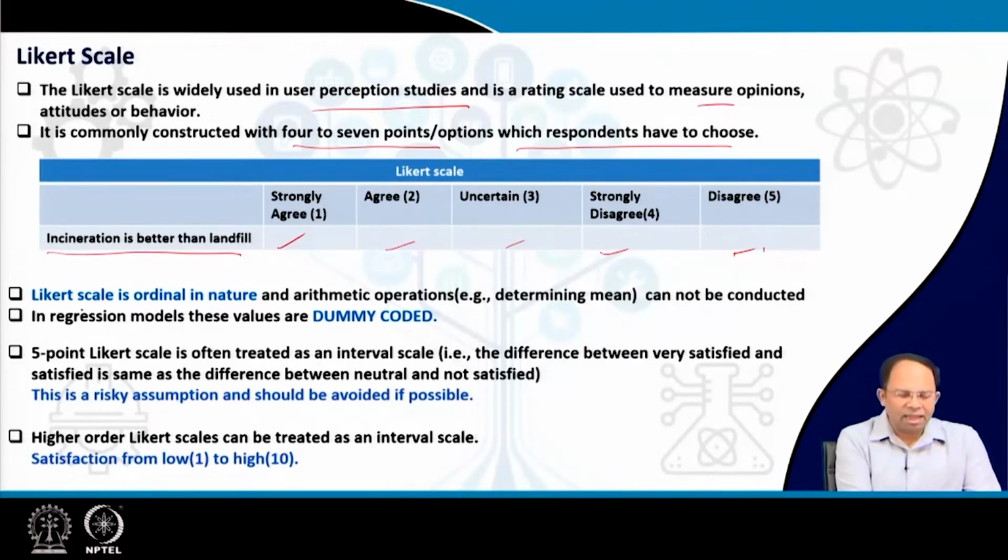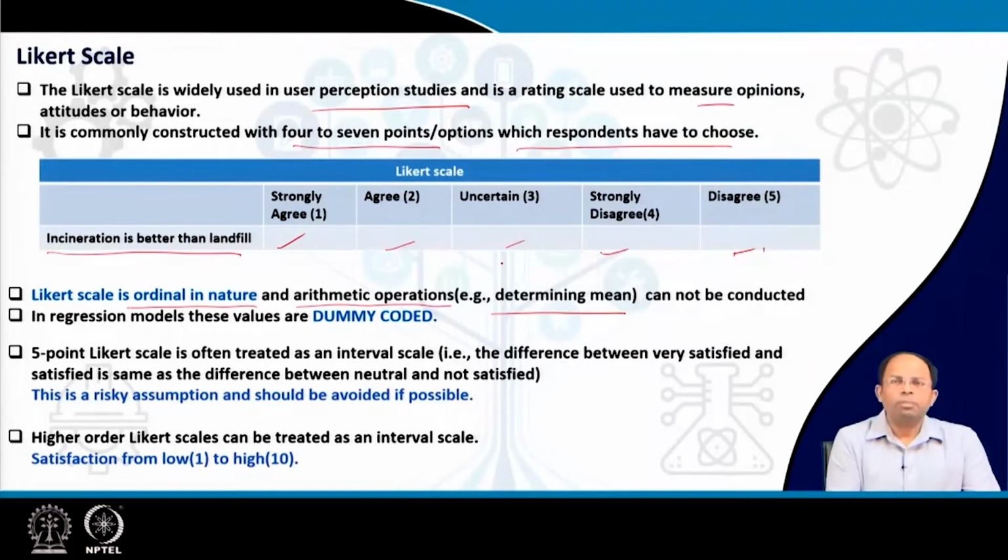Because there is an order in the choice of these options, the Likert scale is ordinal in nature. And in any kind of ordinal scale, arithmetic operations such as determining the mean cannot be conducted. So this is very, very important. Why?